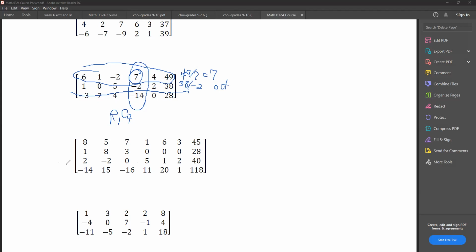Let's take a look at this one here. Pick the most negative value in the bottom row, that's -16. So here's my pivot column. Now pivot rows. I do 45 divided by 7 in the calculator, and I get 6.428. Then I'm going to do 28 divided by 3, which is 9.3.